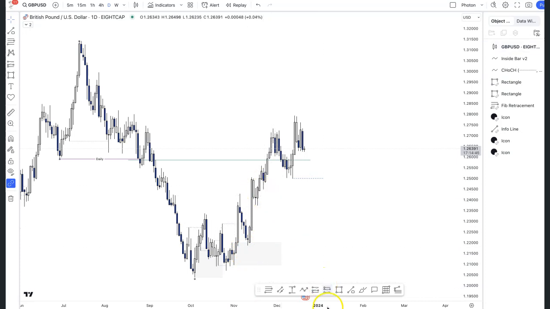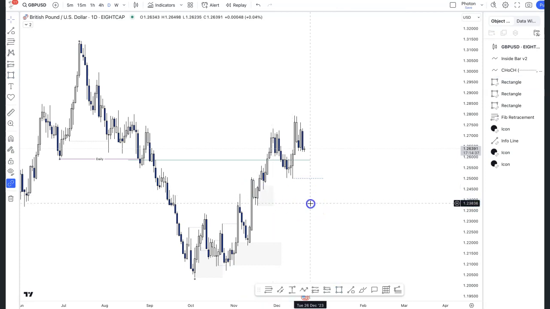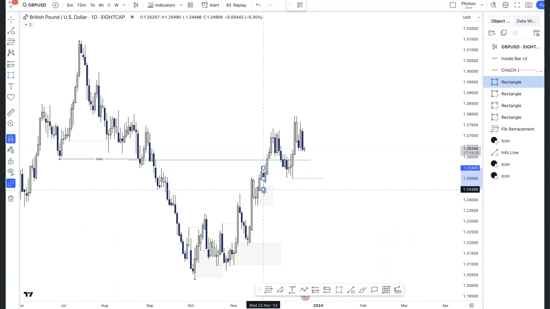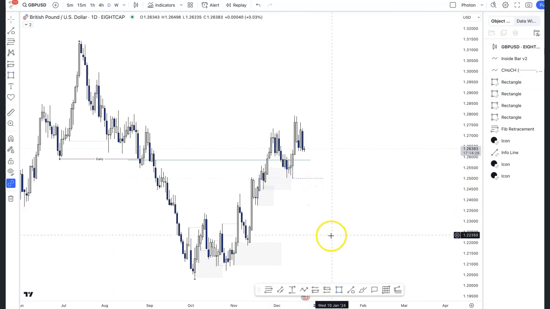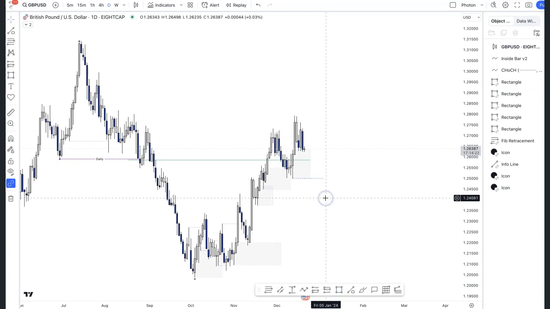Then I look at this one here and see, well, this is also kind of mitigated. And if you look at this, it is also kind of mitigated. And we then have maybe this available, which is also kind of mitigated.